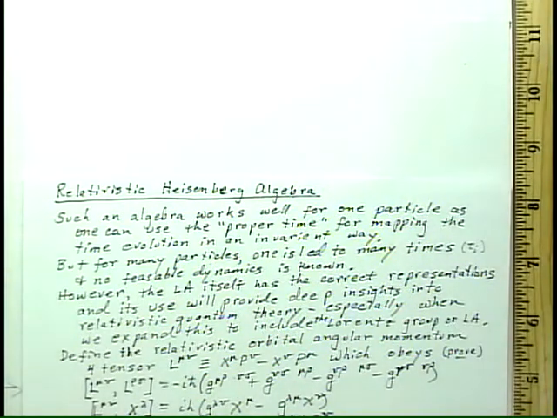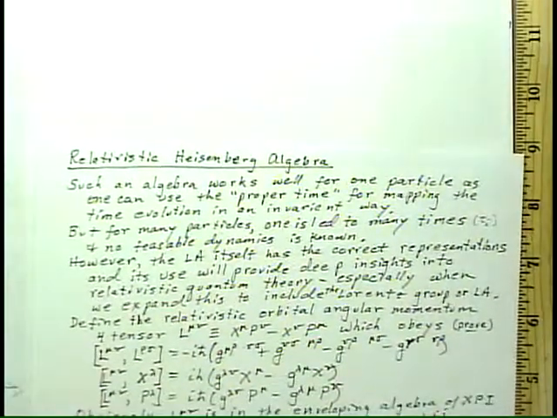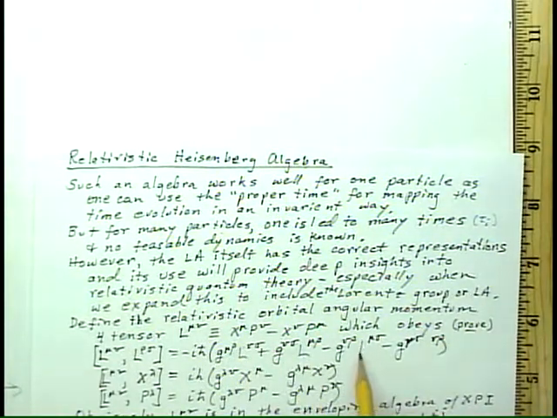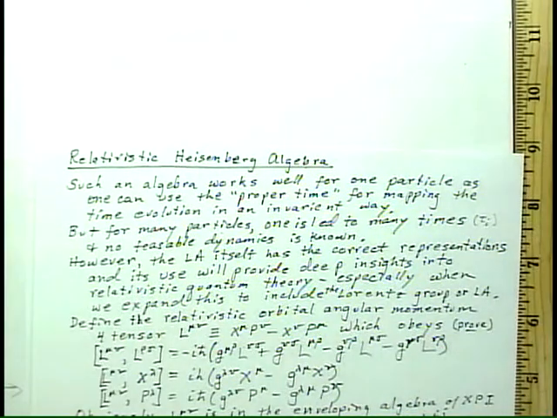And now we have new components when mu or nu are equal to 0, and those we will see generate the Lorentz transformations. It's straightforward, and I won't belabor the point by deriving the commutation rules of two of the L's. But L mu nu with L rho sigma has the commutation rule of minus i h bar times g L, g L, g L, and g L. These L's got left out somehow.